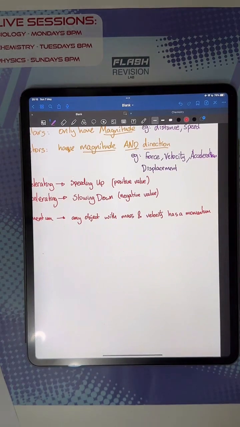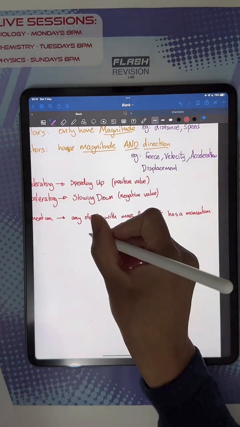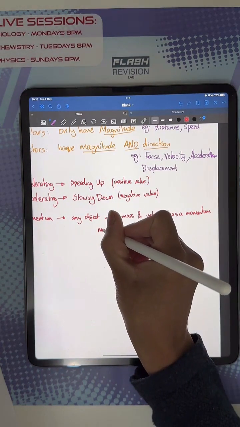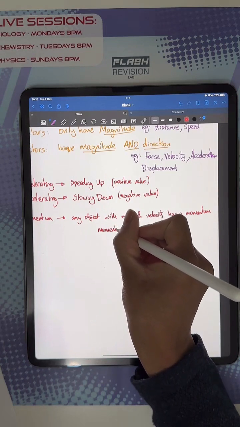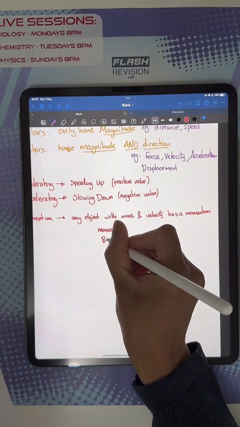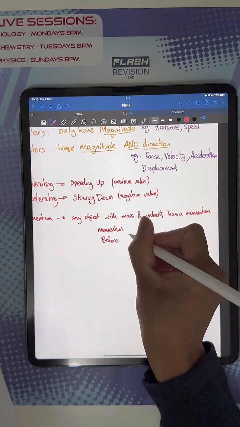And yep, thank you. Momentum is conserved. That's one important thing about momentum. It's like energy. You guys, hopefully you know, energy can't be created or destroyed. Same thing with momentum. Momentum has to always stay the same. So whenever a collision happens, momentum before should equal momentum after.